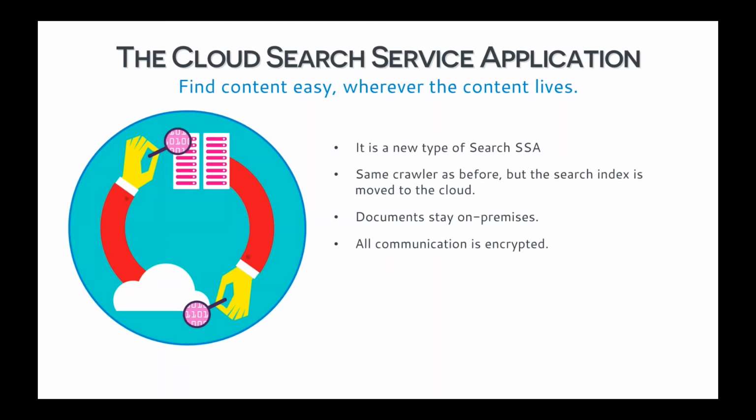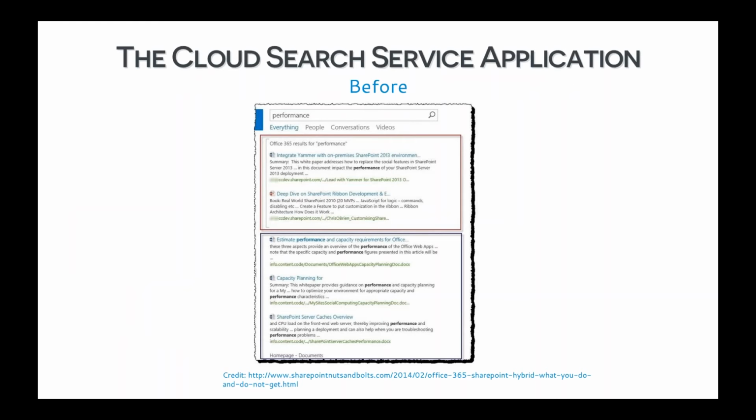Let me show you the difference from what we had before in hybrid search. We had to use result blocks because it was a federated search, so we couldn't have the best results whether they're online or on-prem. We had to show results for Office 365 in one box and results for on-prem in another box. We couldn't show them all in the same page and show the best result from wherever it is.